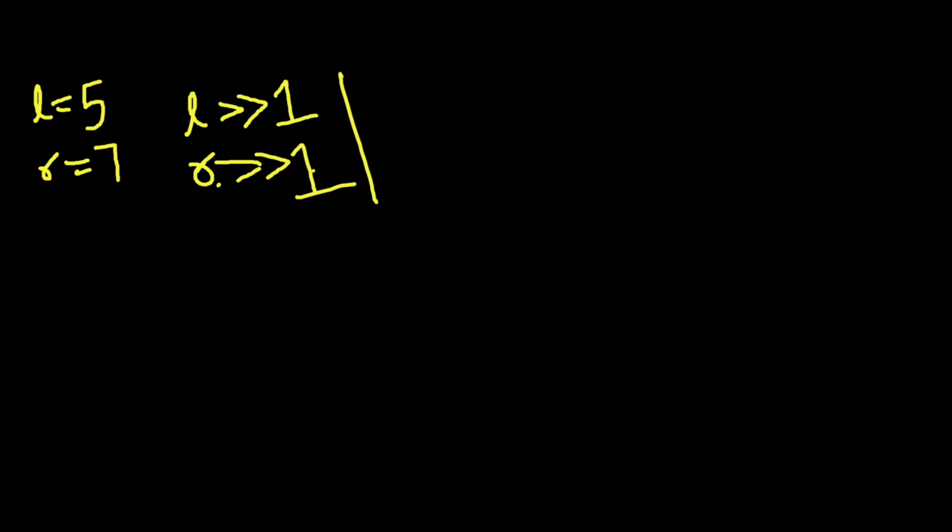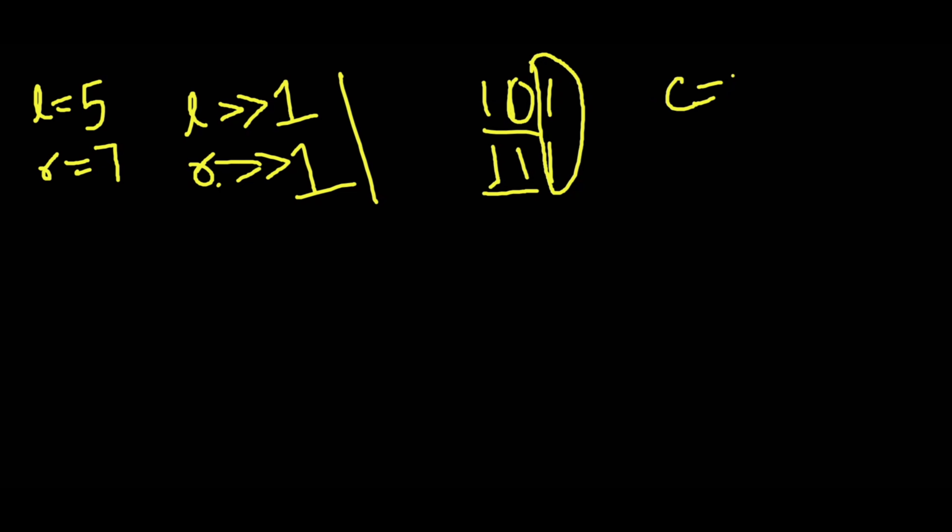How will this work? Let's take 5 as 101, and right, that is 7, equals 111. When we do a right shift, the last bits will be eliminated, so this will be our result after one right shift. We'll take a counter c equals 0.